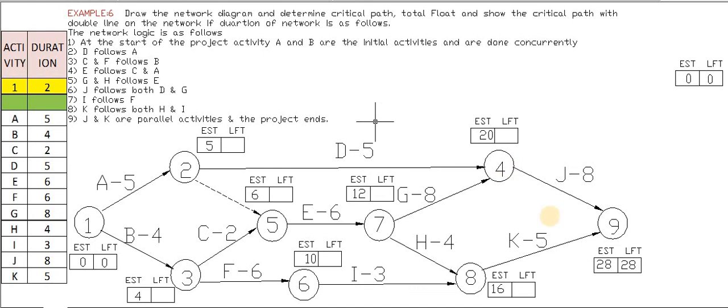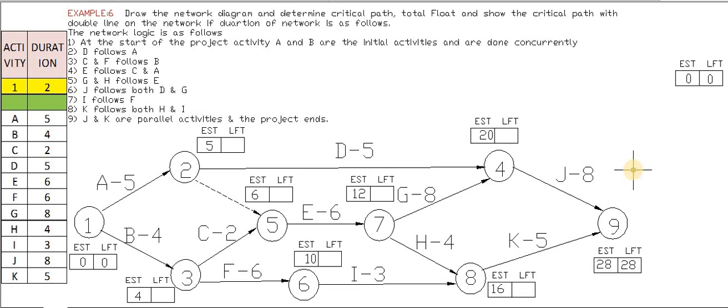So we will start with the last node, that is node number 9. We will calculate for 9 to 8. So 8 has a previous LFT of 28. How many tails are there? Only one tail is there, that is 8, which means only one converging point. So 28 minus 5 is nothing but 23.